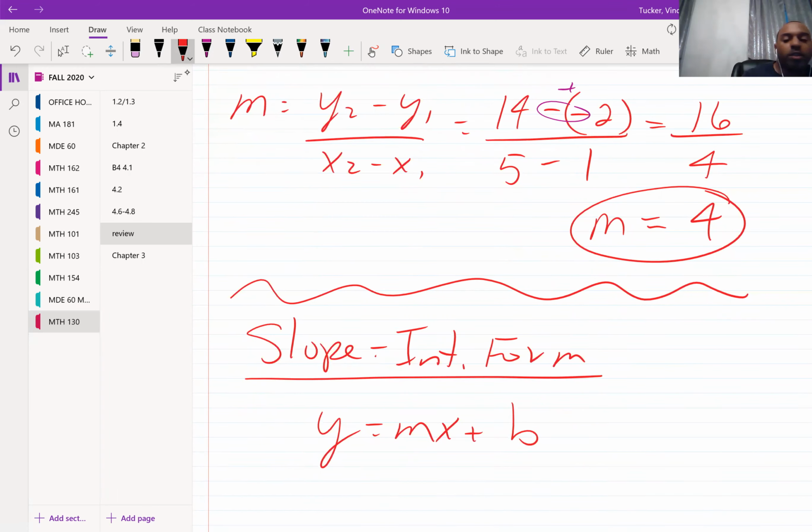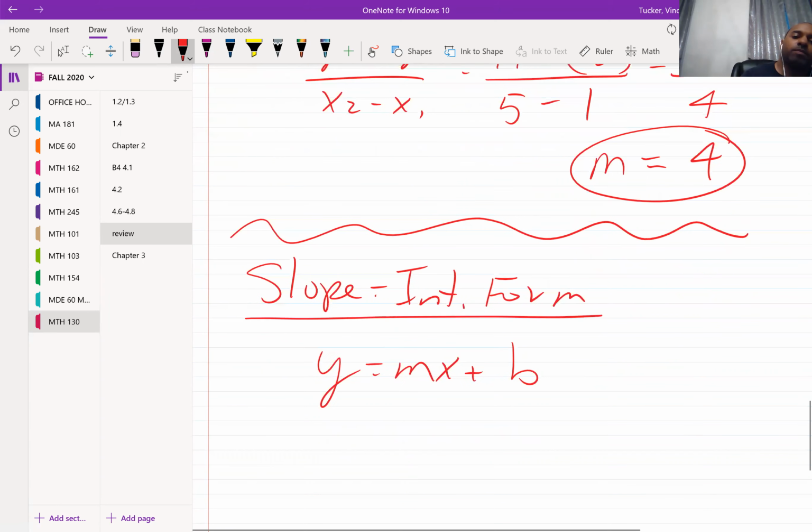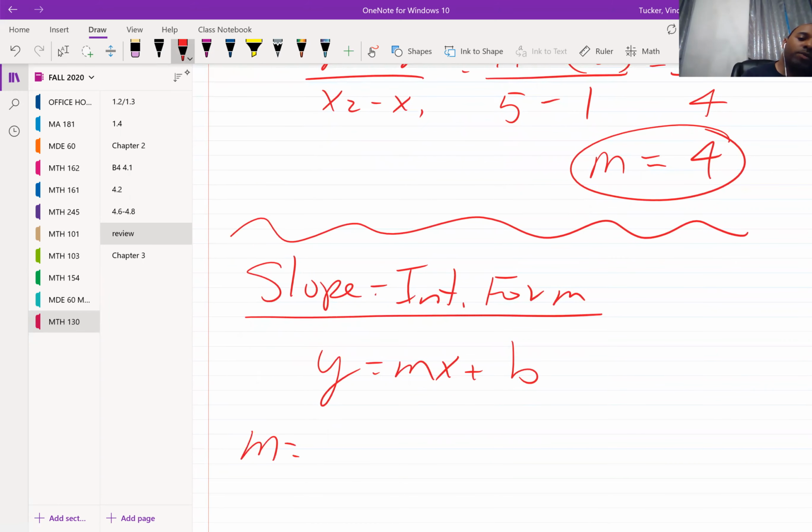That's y equals mx plus b, where m is your slope and b is your y-intercept.